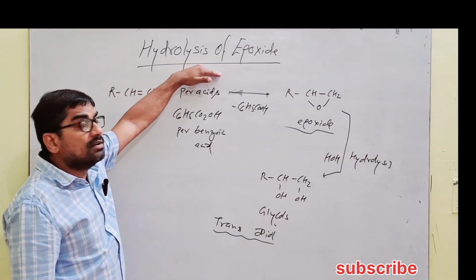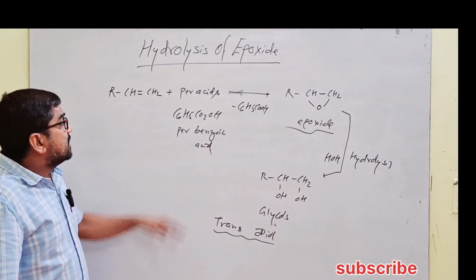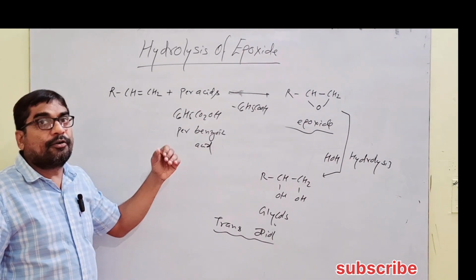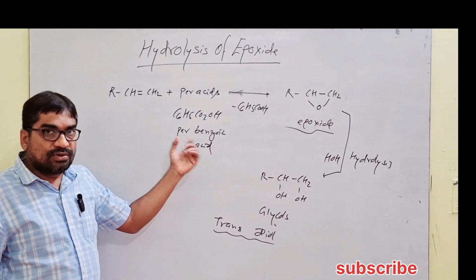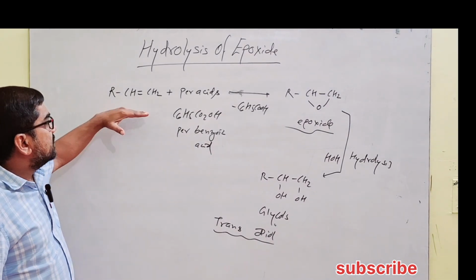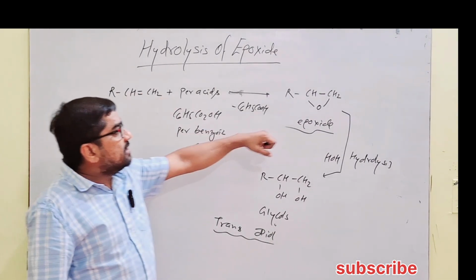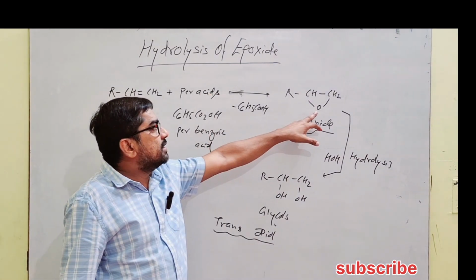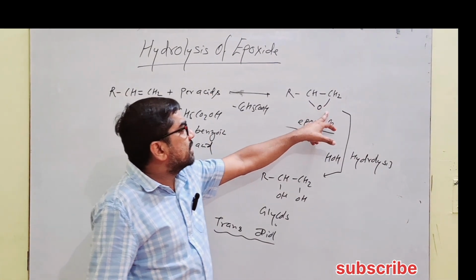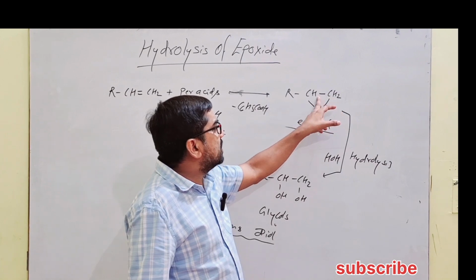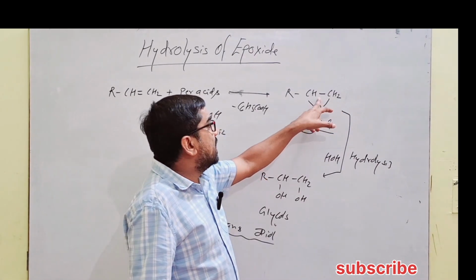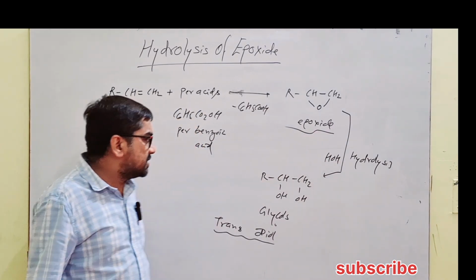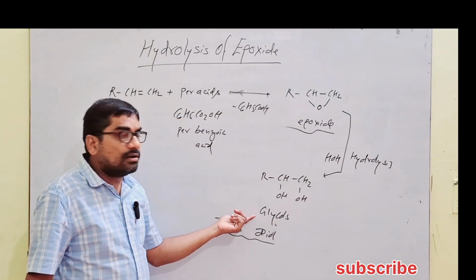So what is hydrolysis of epoxide? Epoxides are formed when a per acid like performic acid, perbenzoic acid, etc. reacts with an alkene. Then the epoxide is formed, where the peroxy oxygen gets linked commonly with both the double-bonded carbons, and the cyclic epoxide formed, after hydrolysis, results in glycol.